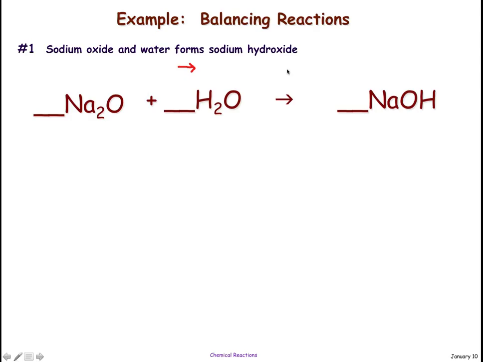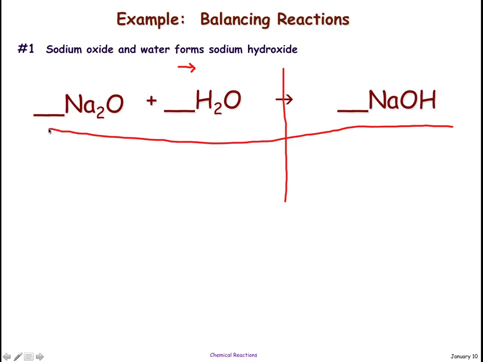So let's proceed by balancing, and the way I like to start is I draw a line right across the arrow, because this is before and this is after. I want to make sure that my atoms before and after are identical in terms of numbers.